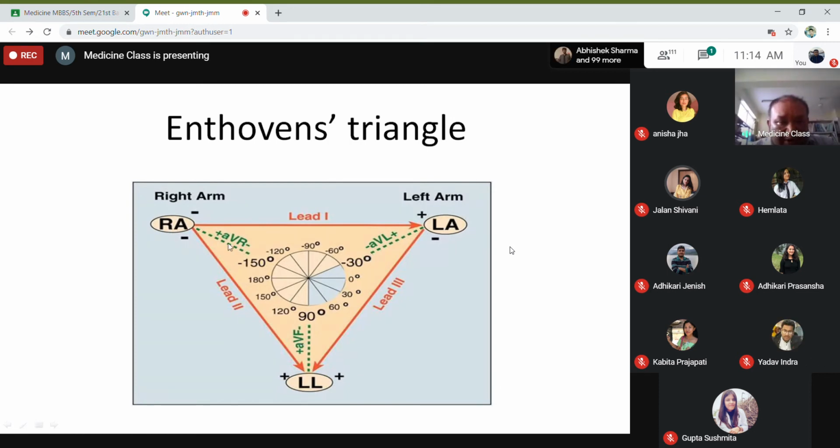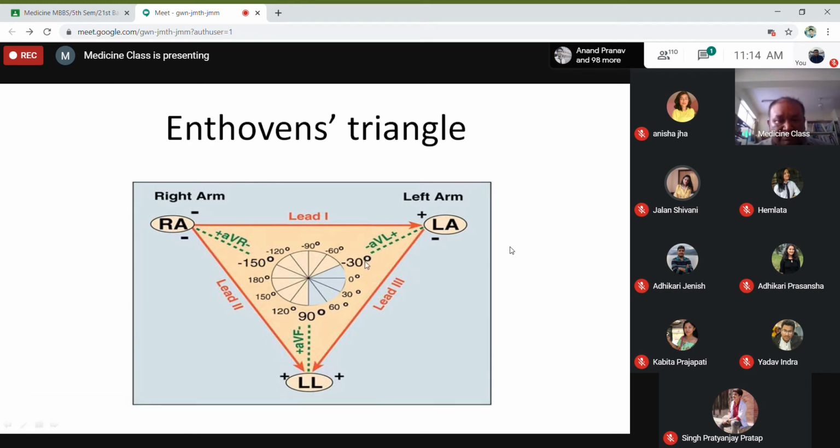We consider this one as a zero, and if we attach this zero with the left arm, then it's AVL. If it is with the right, then AVR, and if it is with the left leg, then it's AVF.